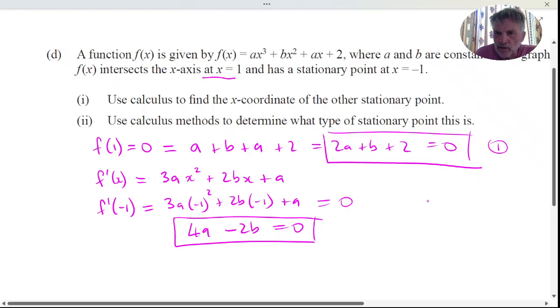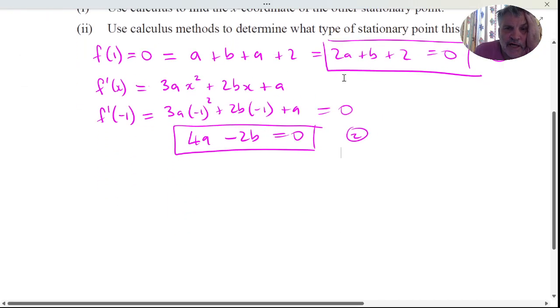So we've got these two equations, which we can solve simultaneously to find a and b. If I double equation 1, so 2 times equation 1, and then add equation 2, that's going to give me 2b here and minus 2b here.